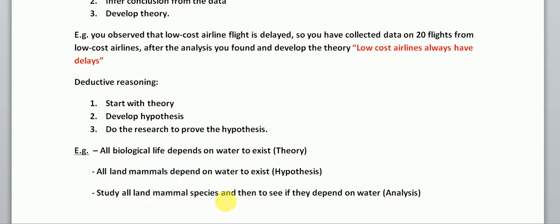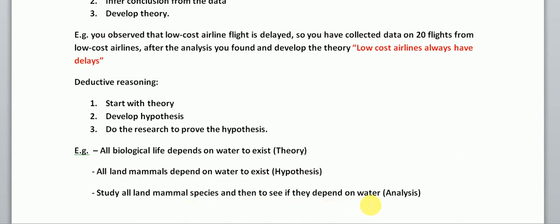We just take a sample of a number of mammals. So what comes in mammals, you can say humans, dogs, dolphins, they are mammals. So just take a sample, for example 100 mammals, you check 100 different mammals, you check species, and all of them were depending on water.